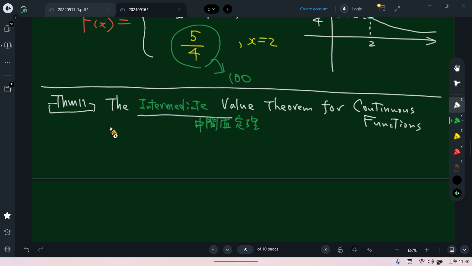So what is the intermediate value theorem?